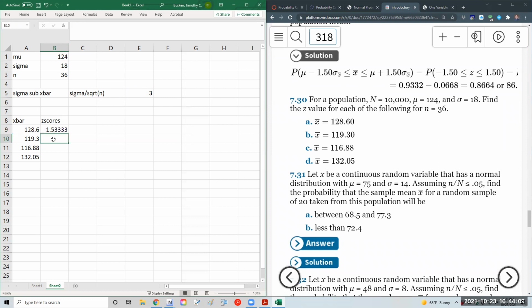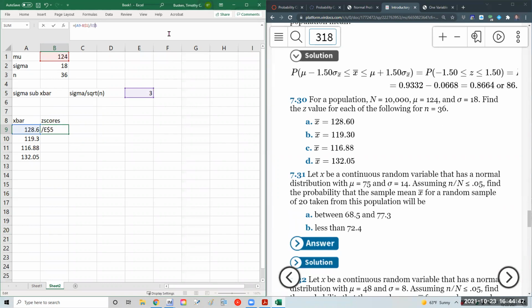Now, before I drag and fill, I need to make sure that Excel will keep the values of sigma sub x bar at 3 and the value of mu at 124. So to get that done, notice I've got this cell highlighted, and I'm either going to go up there and just change B1 to the number 124 and change the E5 to the number 3, or I can just put a dollar symbol between the B and the 1 and the E and the 5.